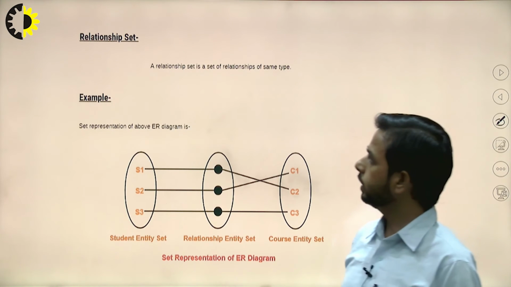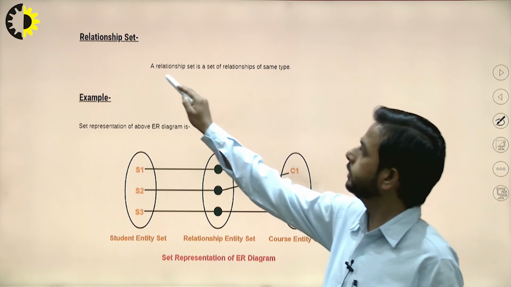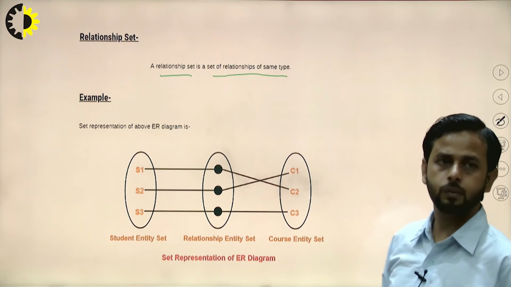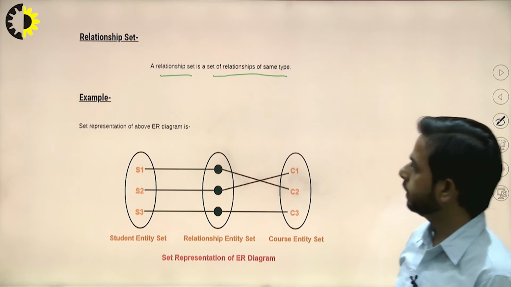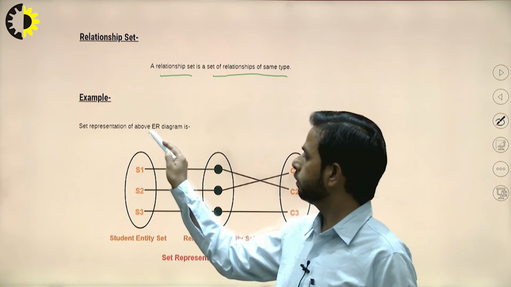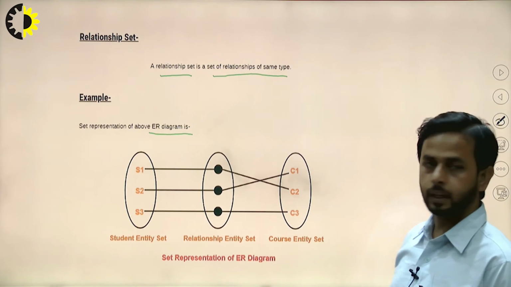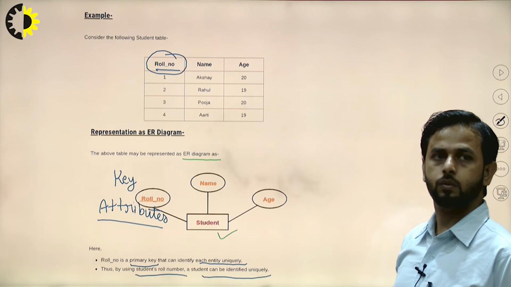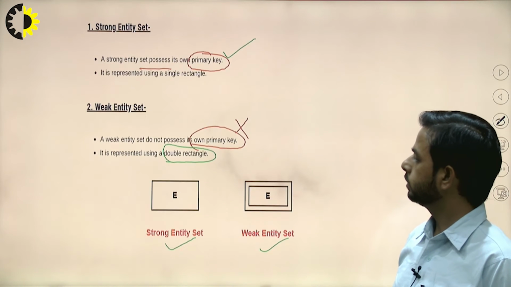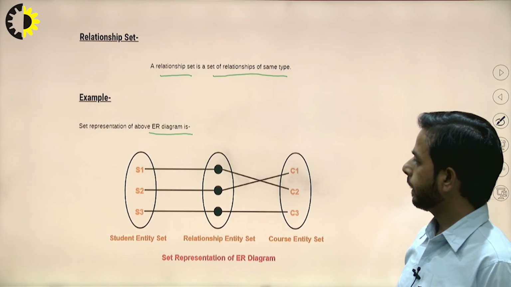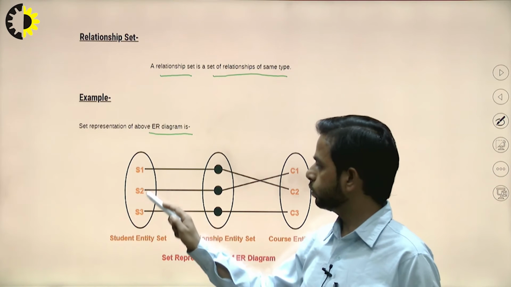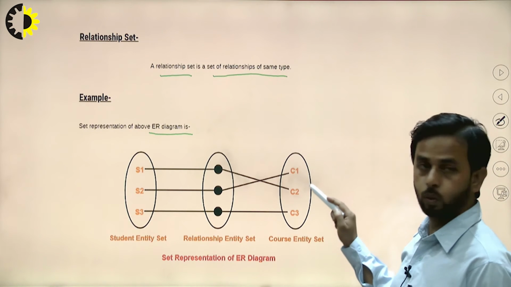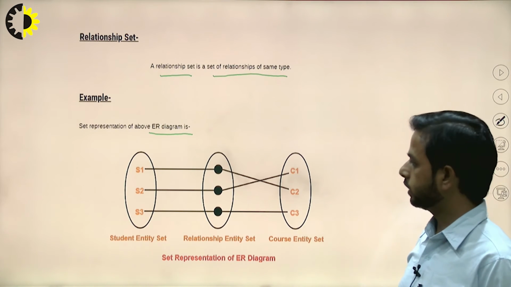Next, let's see the relationship set. A relationship set is a set of relationships of the same type. For example, the set representation of the above ER diagram, the ER diagram that we have seen, for this table is as follows. So there are students S1, S2 and S3, and there are courses C1, C2 and C3.